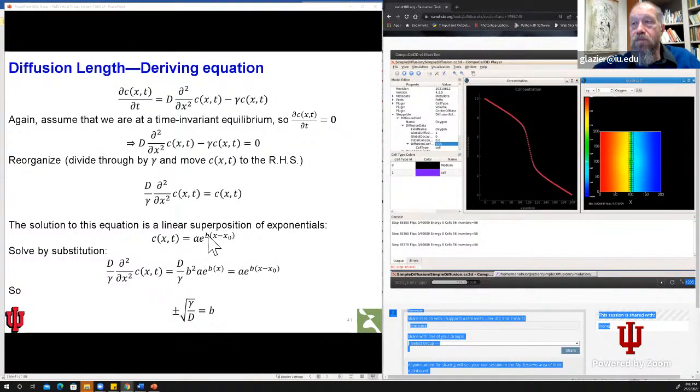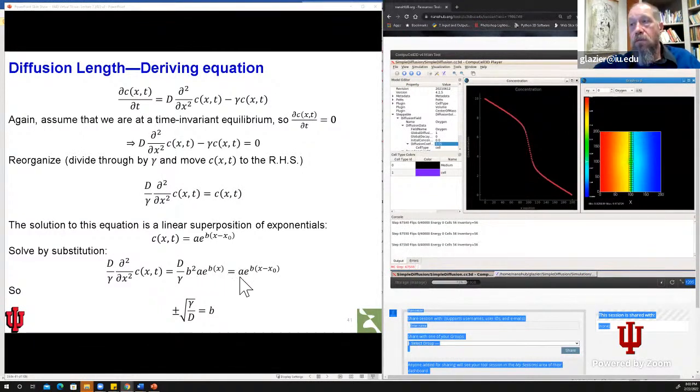So I get D over gamma times a b squared equals a e to the b(x minus x0). A disappears, the exponential disappears, and I'm left with D over gamma b squared equals 1.